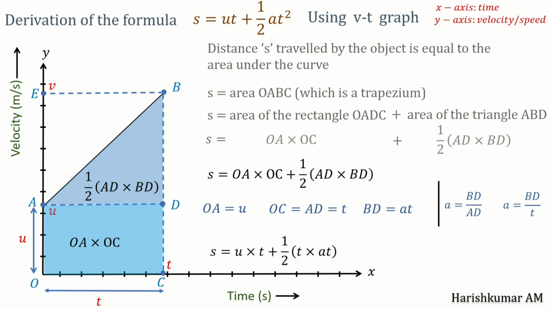Hence, substituting and further simplification, we have got s is equal to ut plus half at square. Hence, derived the formula.